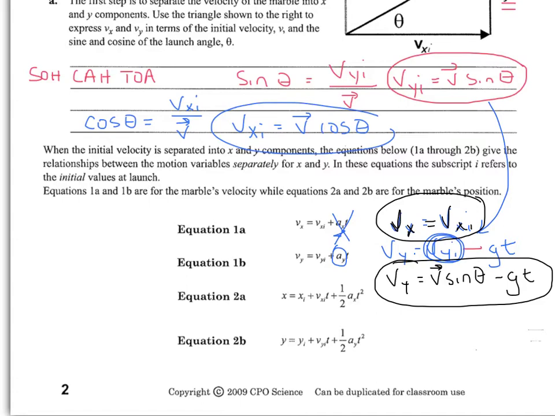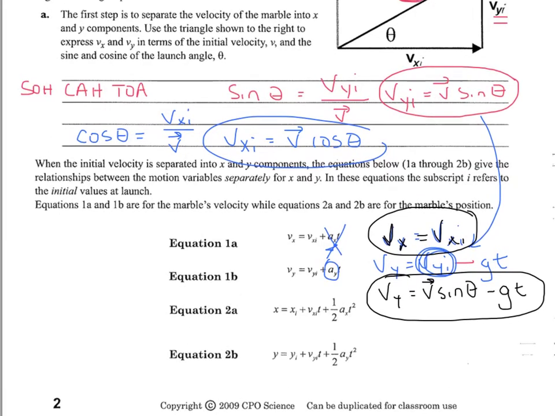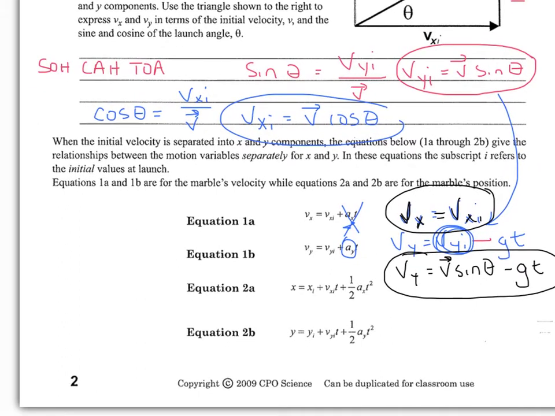Now let's look at that range equation. We know that the initial horizontal position is equal to 0. So that first position that we're starting at is 0. Then we have the initial horizontal velocity times time, and then we have this acceleration term, but there is no acceleration in the horizontal direction, so this quantity is also 0.